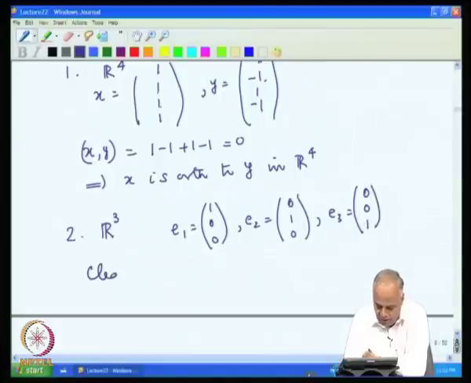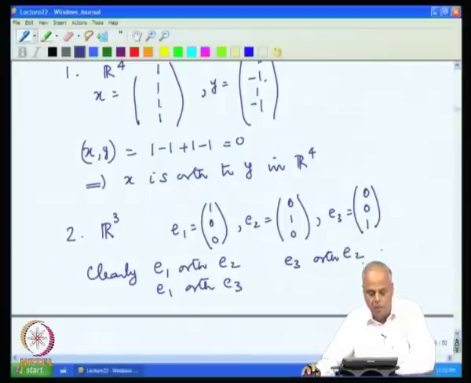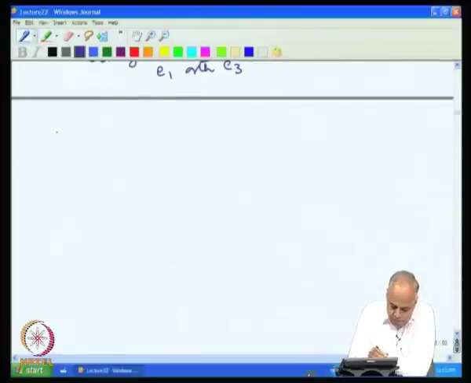Then clearly E 1 is orthogonal to E 2, E 1 is orthogonal to E 3, E 3 is orthogonal to E 2 because all the inner products are 0.